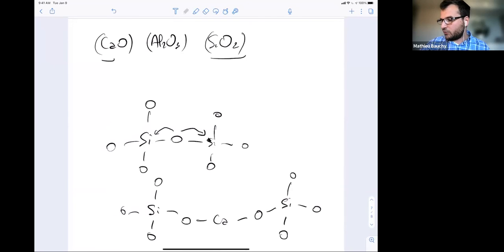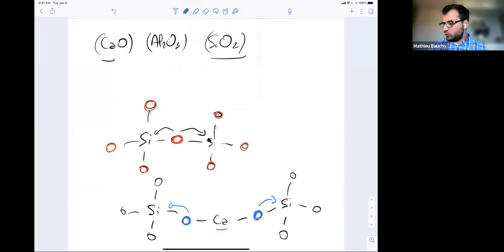So starting from a situation where in pure silica, all the oxygen were bridging oxygen, where each oxygen is linking two silicon atoms, when you add some calcium, you create those non-bridging oxygen that are connected to now only 1 silicon atom.